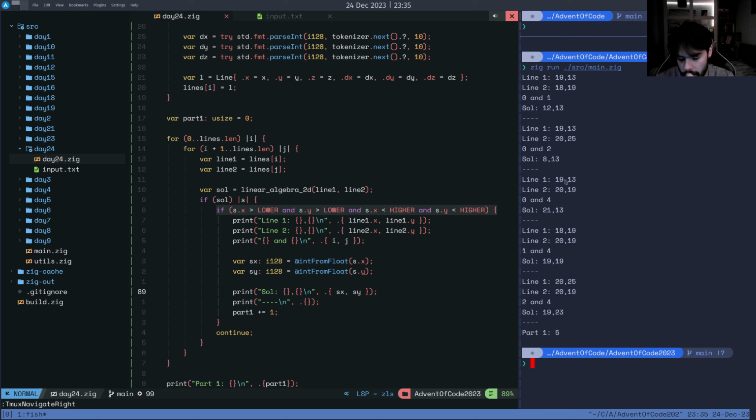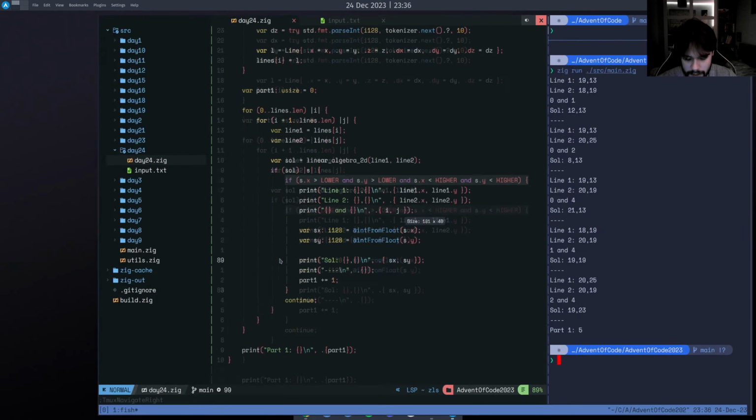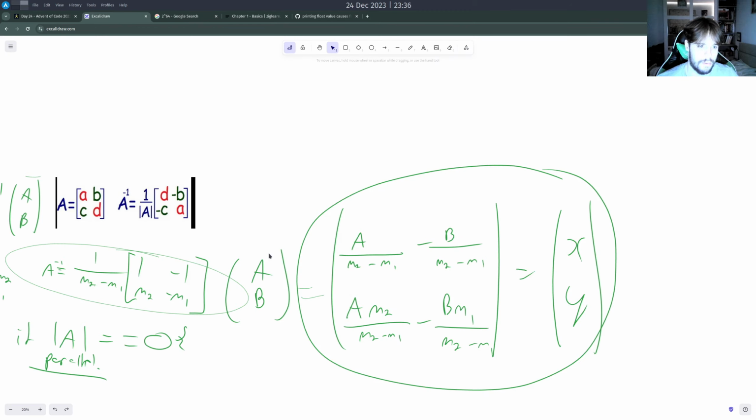So 19, 13. The solutions happen at 21, 13. Oh wait, God, this is easy. This is easy, but I need Excalibur to see this stuff.